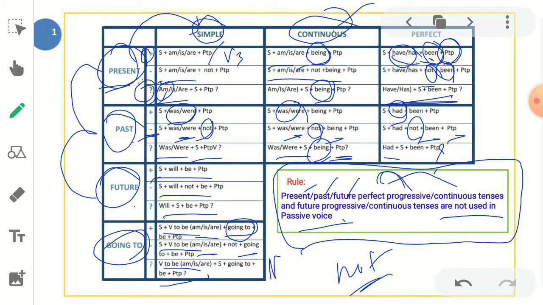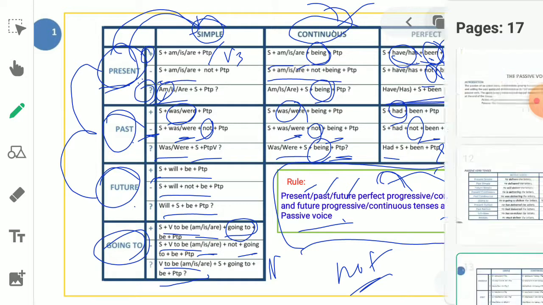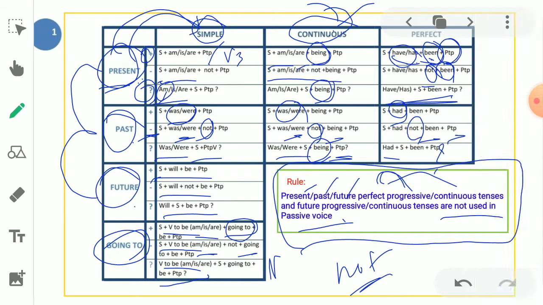In the same, we have simple, continuous, perfect, and a fourth one, perfect continuous or progressive, which is used for all three tenses.